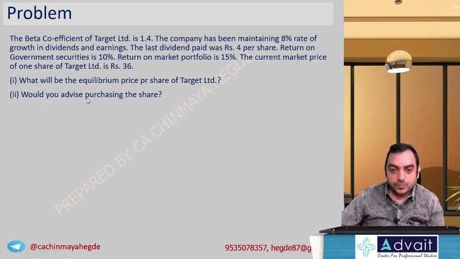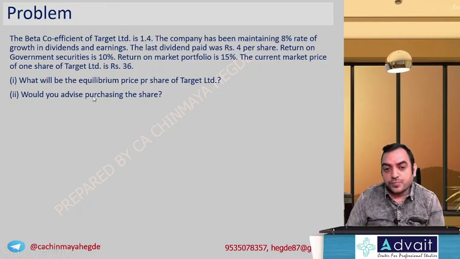Come to this problem. The beta coefficient of Target Limited is 1.4.